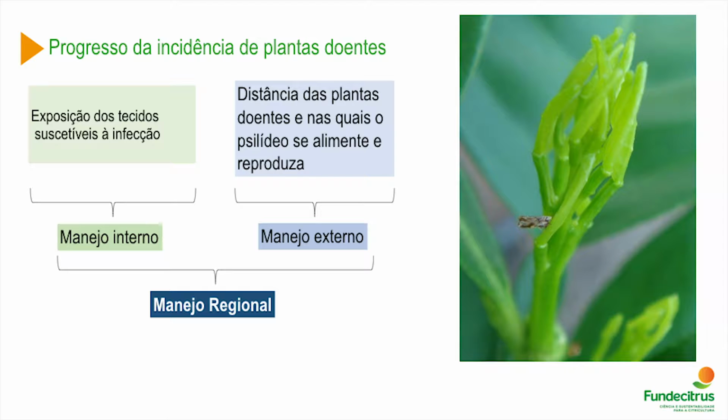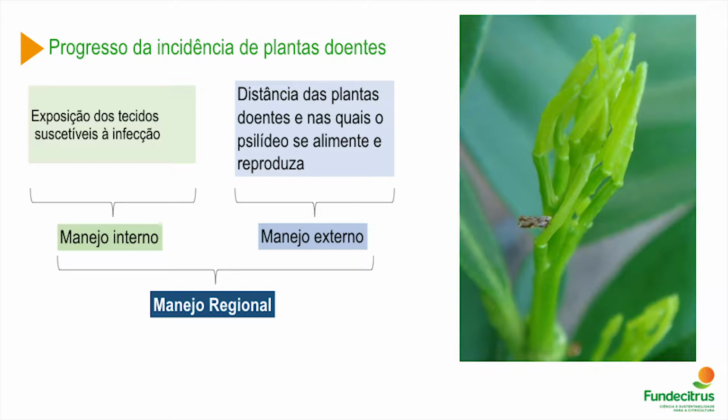The second is the progress of the incidence of diseased plants. That will depend both on the action of citrus growers towards reducing the exposure of tissues to the infection.